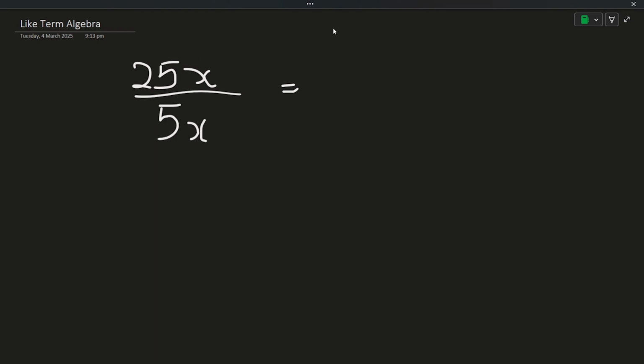You're going to be looking at the numerals first, so the 25 and the 5. See if it's divisible. If it's not, then just leave that and go on to the x's and check if that's divisible. If it's not, then leave that and look some other way, probably dividing by 2, dividing by 3, anything. But here you can see you can divide this by 5 and divide this by 5.